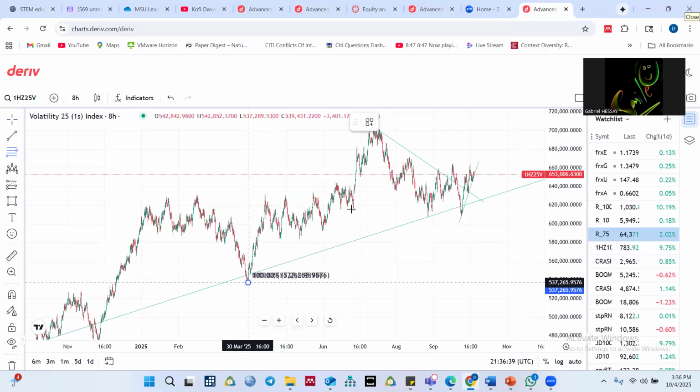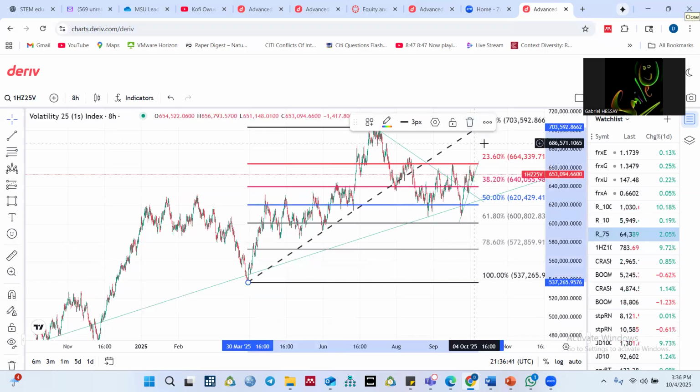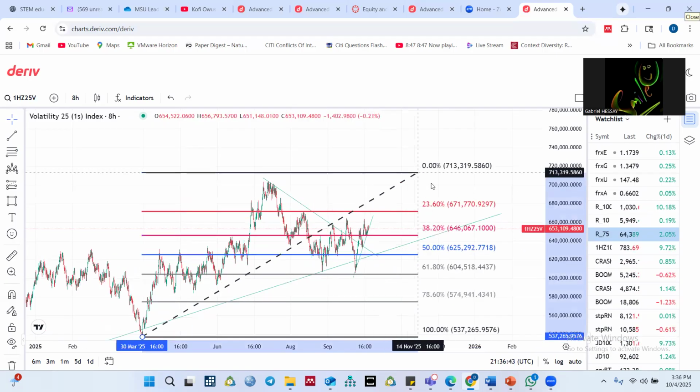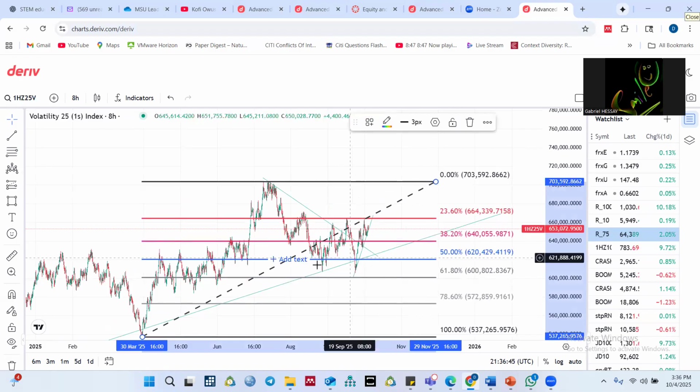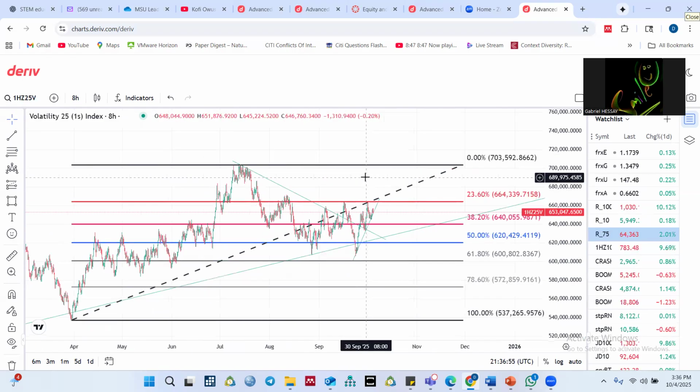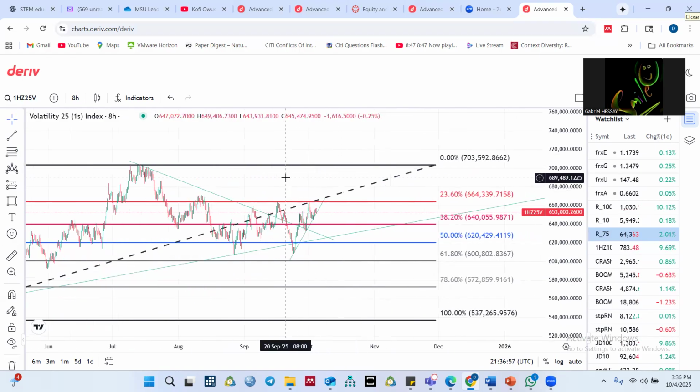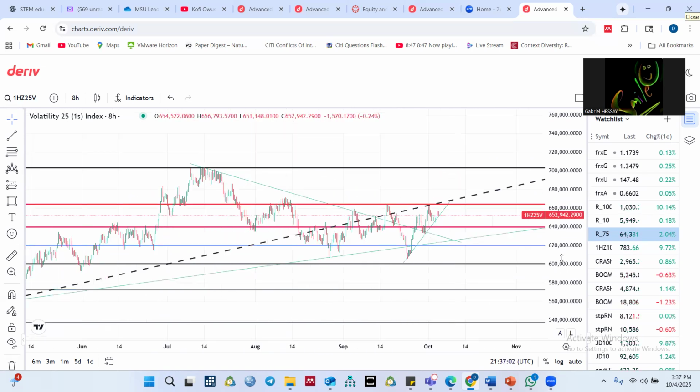When price took off from here, we just got a 61.8% retracement, which is perfect. Price is giving a fair discount.